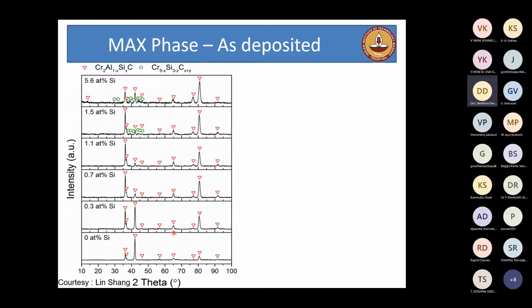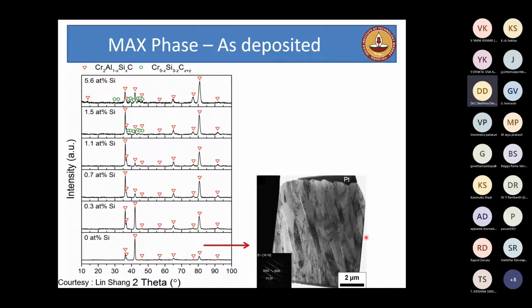And similarly, now you can look into the XRD of varying silicon content, and you can see that it's a single MAX phase with all the silicon additions until the silicon exceeds 1.5 atomic percent, where you can see chromium silicon carbide trying to form with more and more silicon content. Now you look at TEM without silicon, there are all columnar grains. The diffraction pattern indicates that it's a single phase MAX phase.